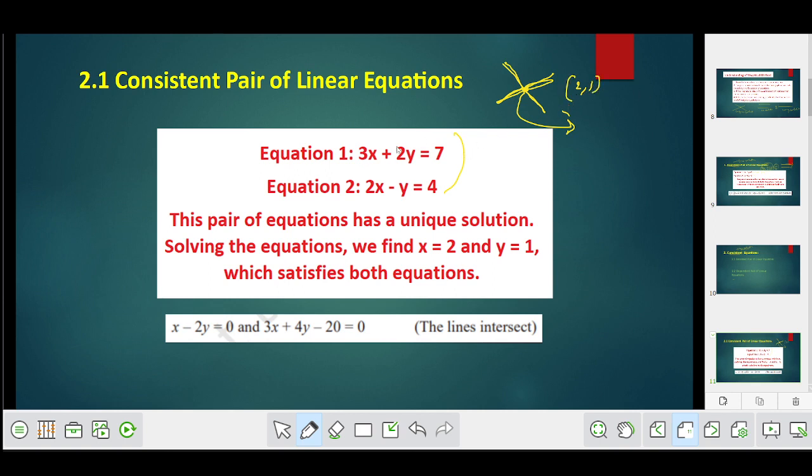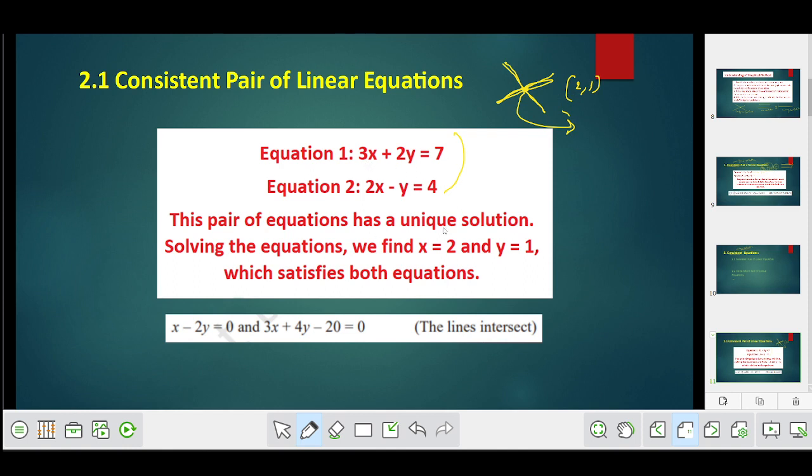If we put in these values, we get the same result on the left-hand side and the right-hand side.